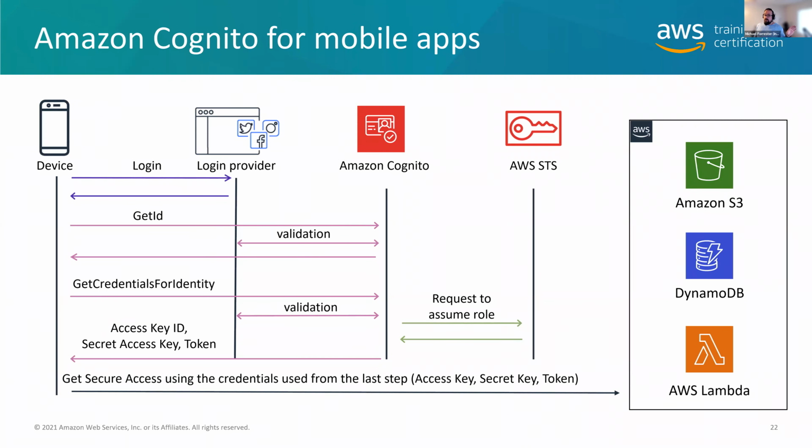And then at that point, using those credentials that it got from STS, it's going to go access the services. Notice there's this whole chain of things that's happening. But the first thing that happens is that you have to log in to your federated identity provider. Then you talk to Cognito, who then talks to STS, who then gives you the credentials you need to access the services.